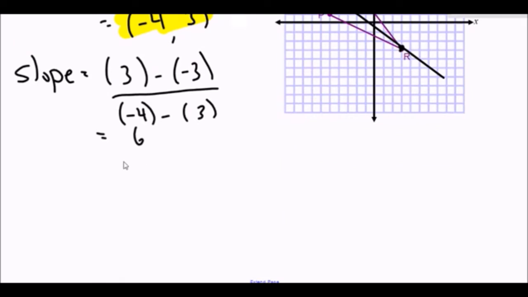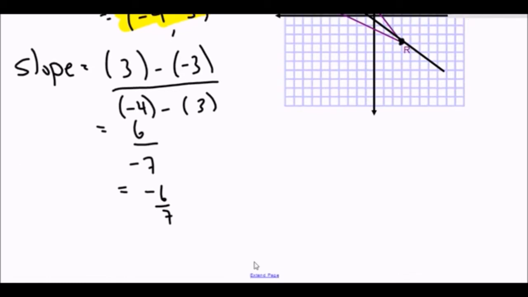Negative 4 minus 3 is negative 7. And reducing that fraction means putting the negative sign in the appropriate place. So there's the slope. So far, this line has this equation. Oops. Hold on. Let me try that a little neater. And so that's what I know, the slope.